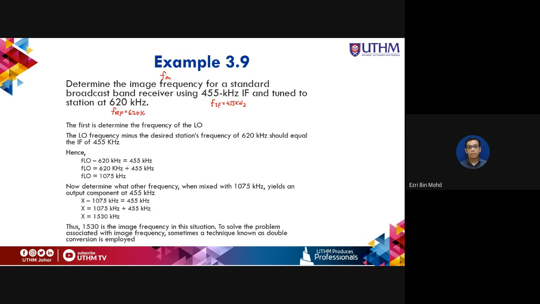Yang ni FRF, 620 kilohertz. This one kita nak cari F image berapa. And the intermediate frequency for a super-heterodyne receiver is always 455 kHz. So the first step is to determine the frequency of the local oscillator. So the local oscillator minus the desired station frequency of 620 kHz should equal the IF of 455 kHz.